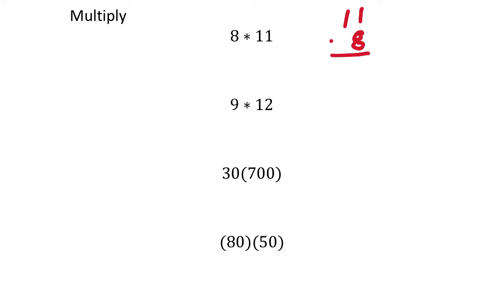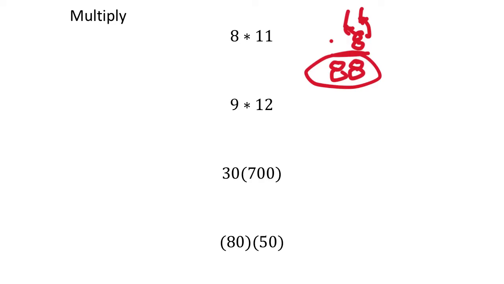But if you put it on the top, that's fine. So for this, I'd say we'd start with the ones place value. 8 times the 1 in the ones place value. 1 times 8 is 8. Nothing to carry there, so I would multiply the 8 by the tens place value. Another 1. 8 times 1 is 8. So our final product on this is 88.